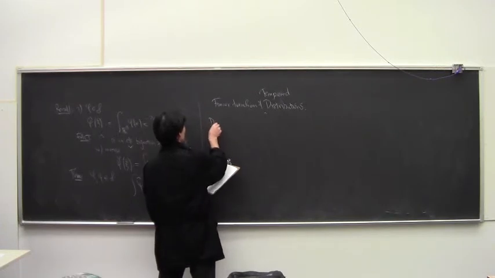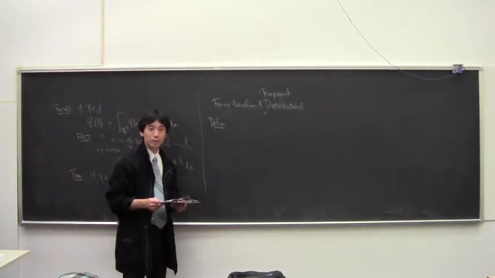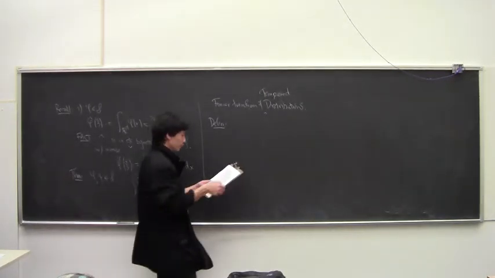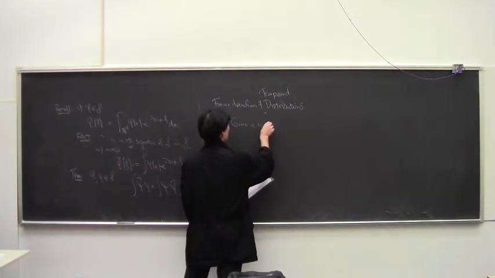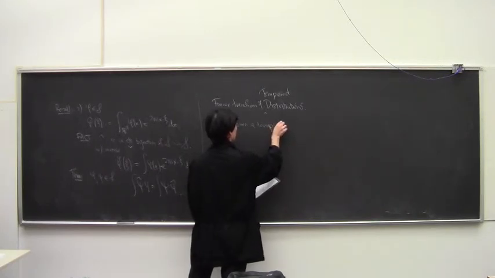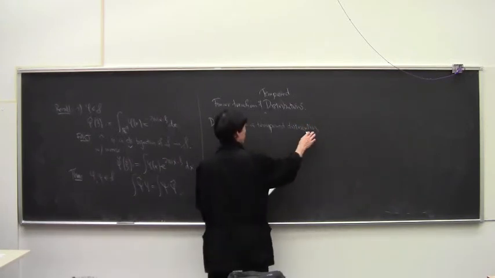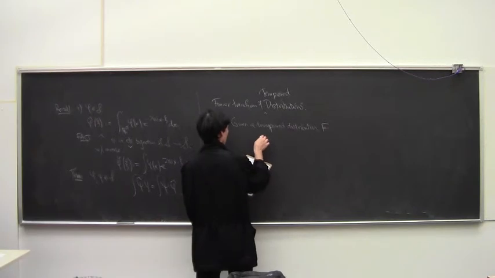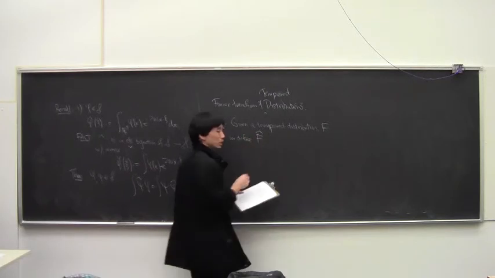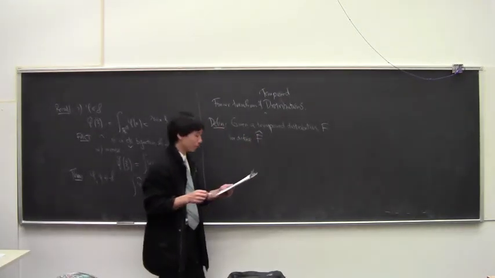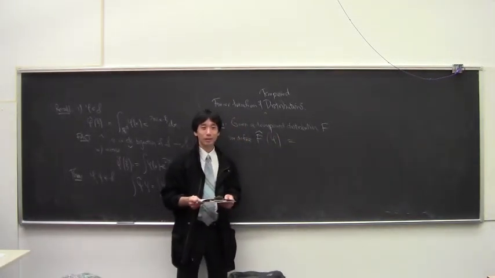So basically we take advantage of the niceness of the Schwartz class with respect to the Fourier transform. So given a temperate distribution, we define the Fourier transform of the temperate distribution in the obvious way, right?